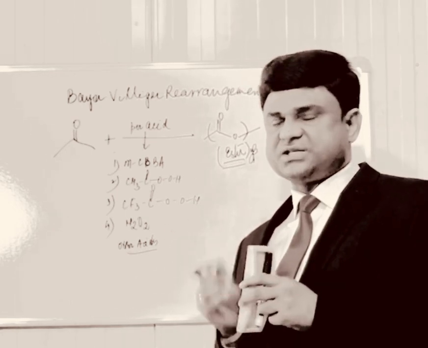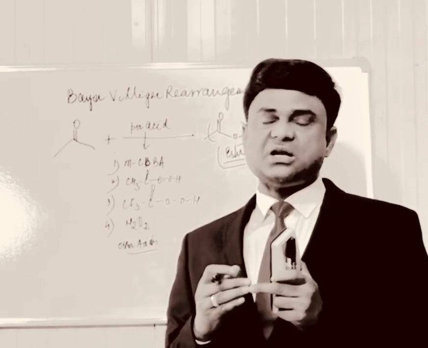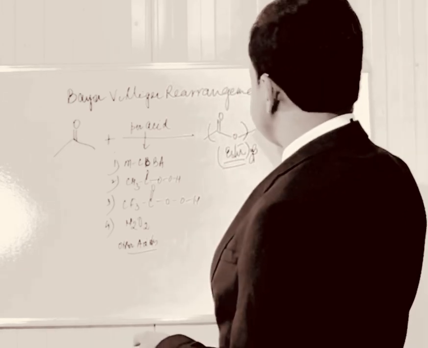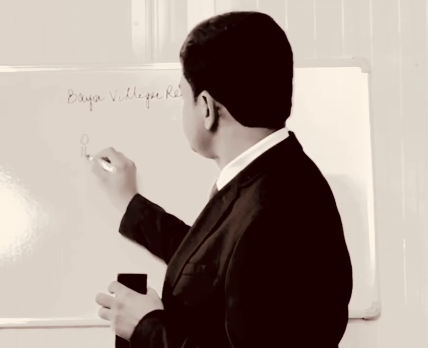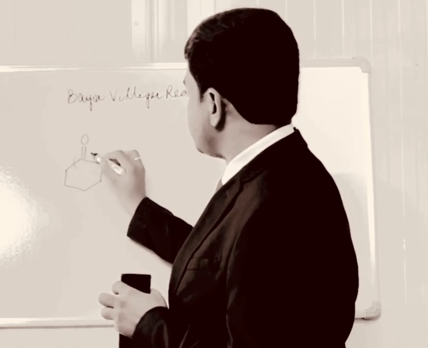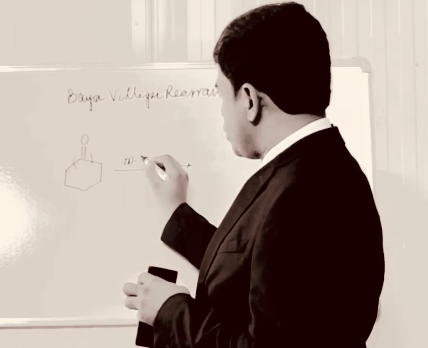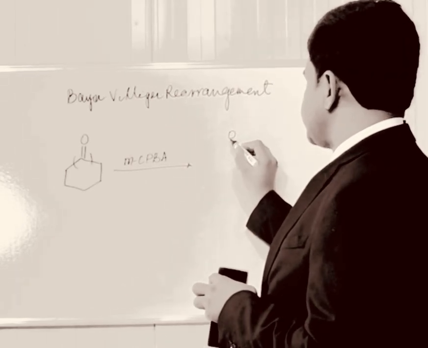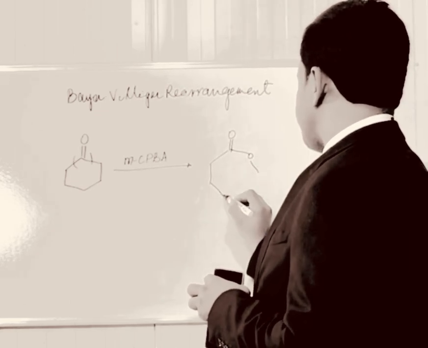And if you take some other example, then a ring expansion is also found in this reaction. If we take another example like this, here we have a cyclohexanone, like this is a ketonic group, and it is treated with metachloroperbenzoic acid. There is formation of a product like this. The oxygen is inserted here, and there is formation of a product like this.